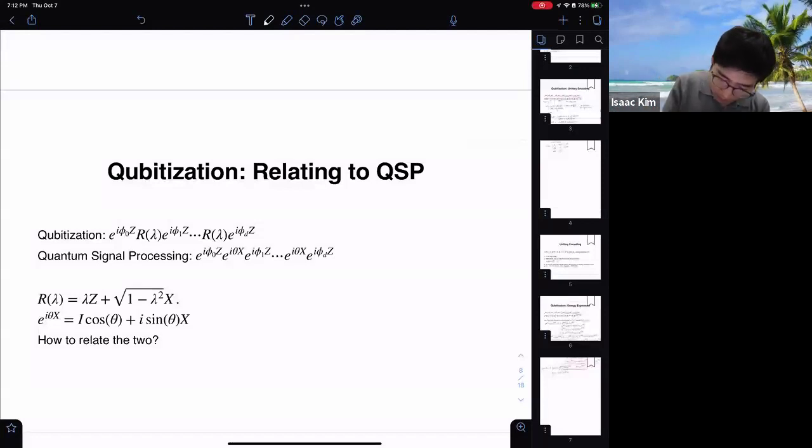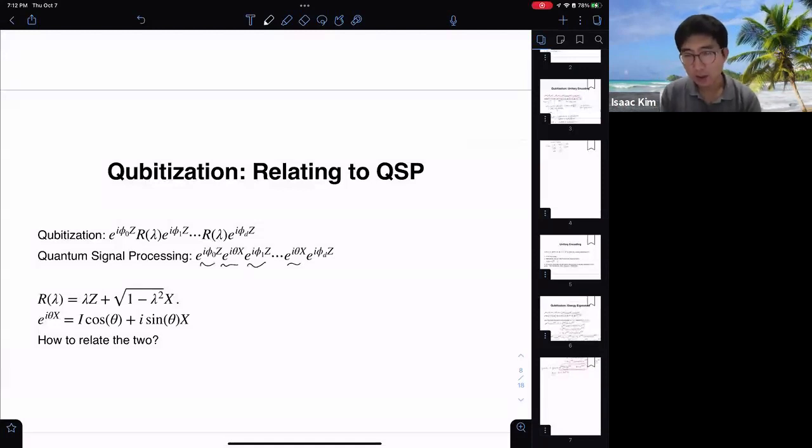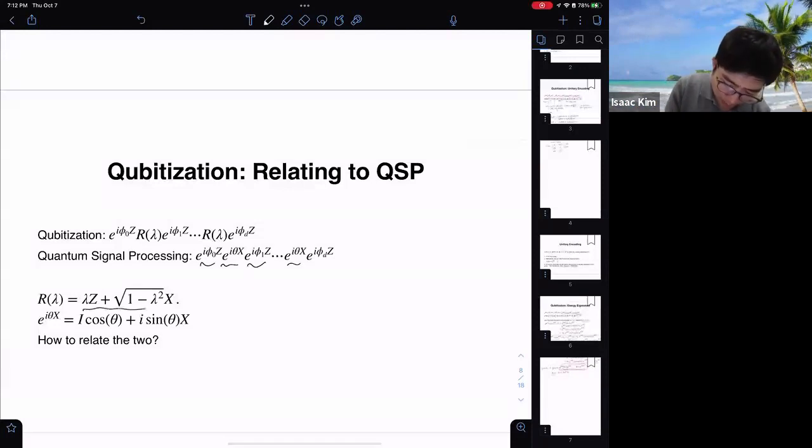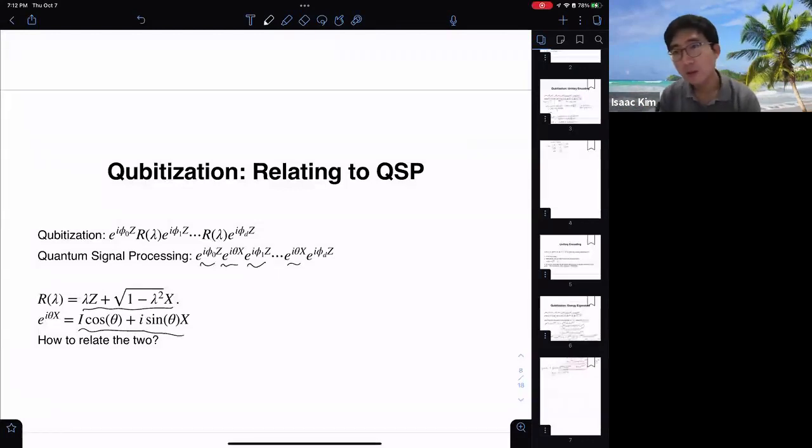In the quantum signal processing, you have this fixed signal, which is e to the I theta x, and you have a variable signal, which is e to the I phi 0 z, e to the I phi 1 z, etc. And R of lambda is of this form, and e to the I theta x is of this form, and clearly they're not exactly the same. So the question is, can we actually relate the two? And I will show you that they can be.